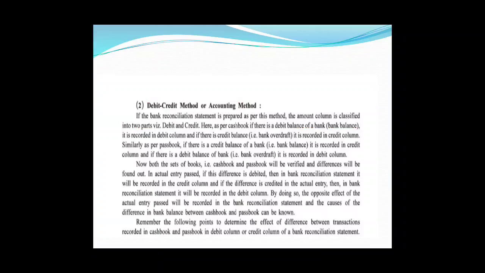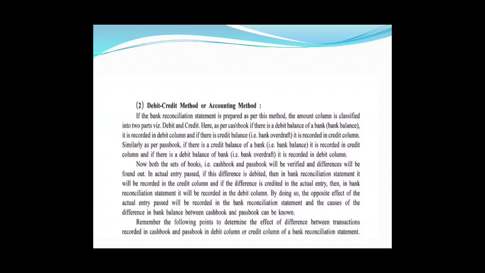Okay, and then we will be writing the reasons of difference between the balances of the two, cash book and passbook. Now, how to write those reasons and how to give effect debit and credit? For that, we will be comparing both the books, that is passbook and cash book, and will be finding the difference. Difference means that we will be finding the entries which are there in one book and not in another book.